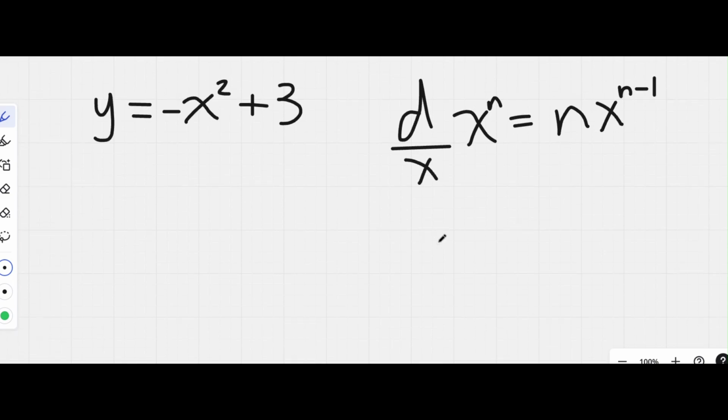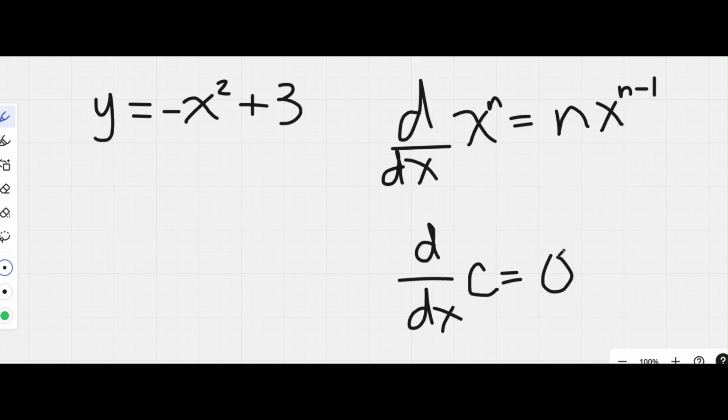And the derivative of a constant, d over dx of c, c being our constant, is equal to 0.